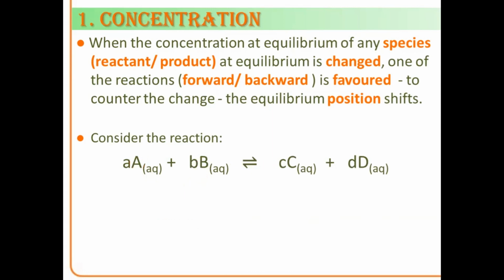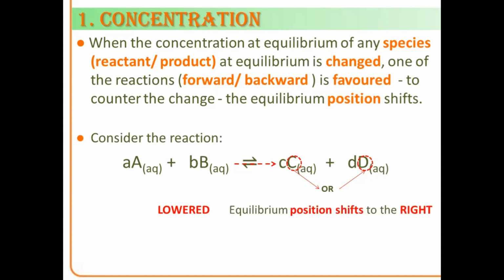We continue with the same reaction, A reacting with B to form C and D. If we look at the concentration of the products, either C or D, and the concentration of these substances are lowered, the forward reaction is going to be favored to try to replace the C or D that has been removed by changing A and B into C or D, and this means that the equilibrium position will shift to the right.